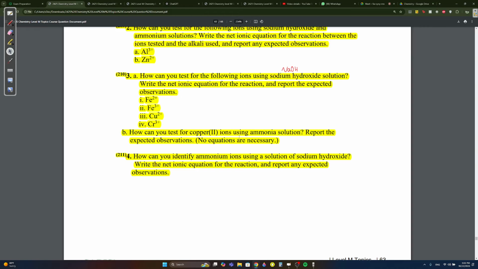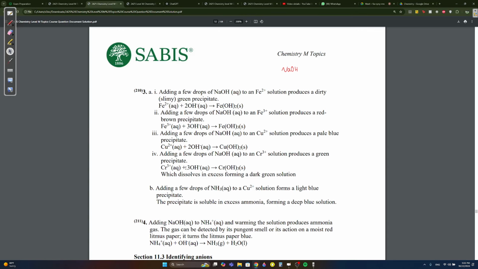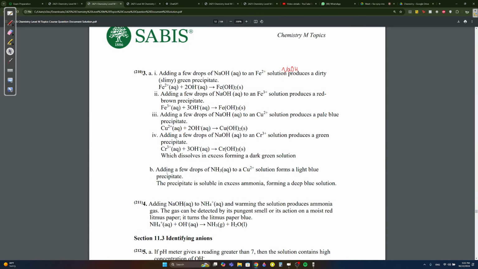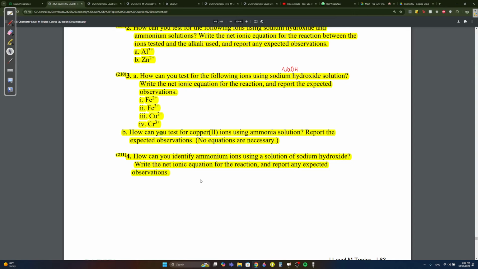When you add a few drops of ammonia to copper, you get a light blue precipitate, and that precipitate dissolves in excess ammonia to give a deep blue solution. I got this wrong in the written part in the first periodic, so I remember it for that reason.